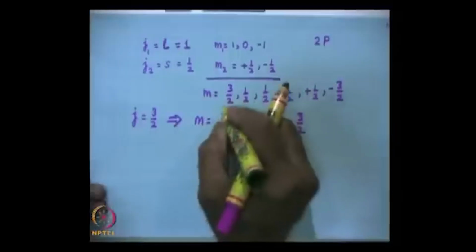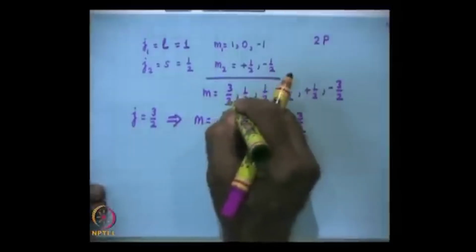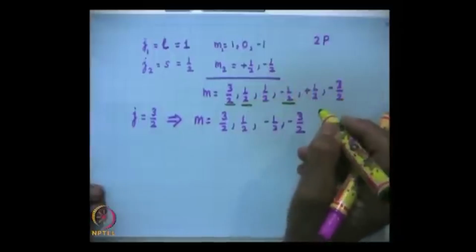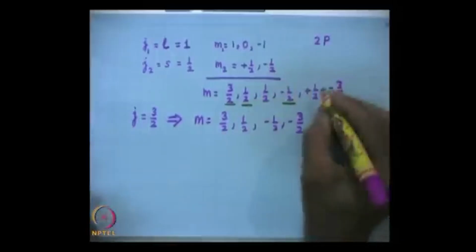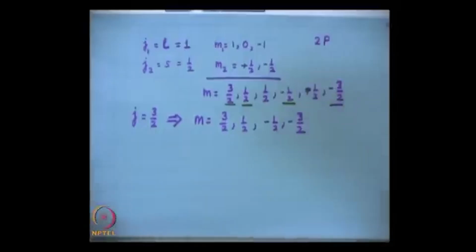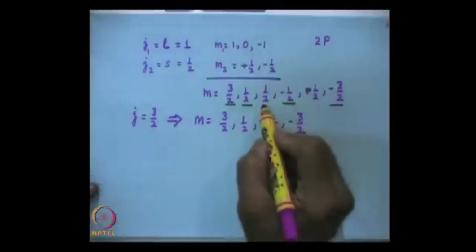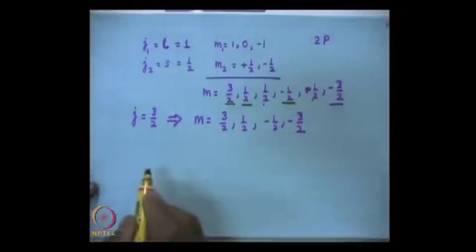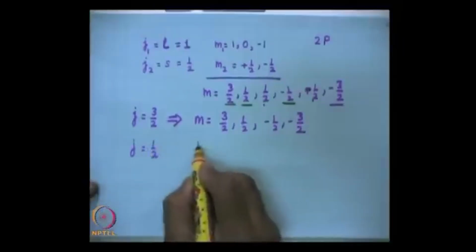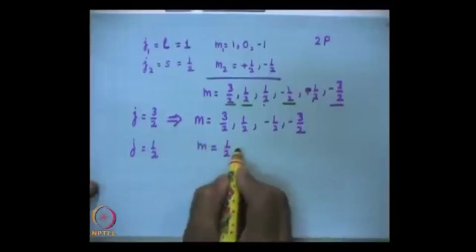So, this takes care of one of these, and also this. And then there are two remaining, half and minus half. So, then j must be equal to half. So, m is equal to half and minus half.